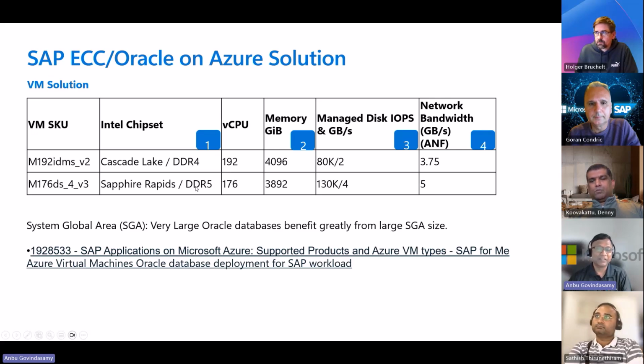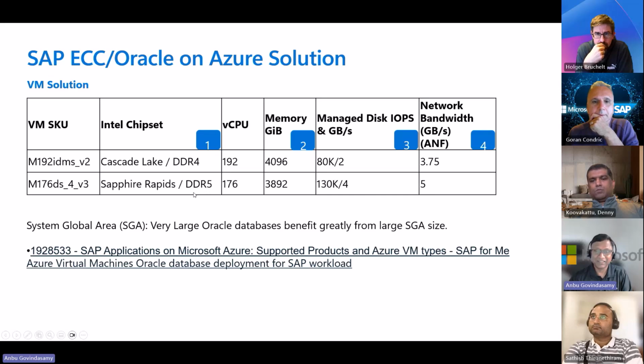This is where DDR4 to DDR5 made a fundamental difference. Going from DDR4 to DDR5, we were able to use a larger SGA buffer pool for the database, and also access it fairly quickly. This played a huge role, not just in migrating the workload, but in performance.